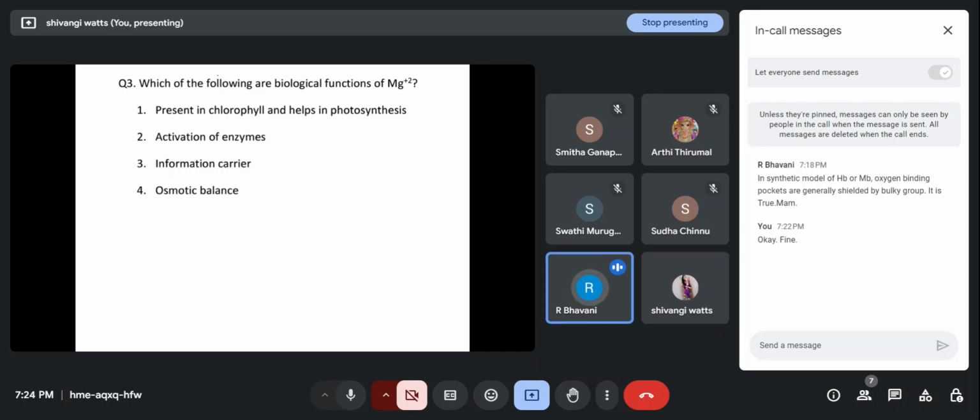Osmotic balance, ma'am. Osmotic balance. So, which of the following are biological functions? So, except osmotic balance, all are correct.